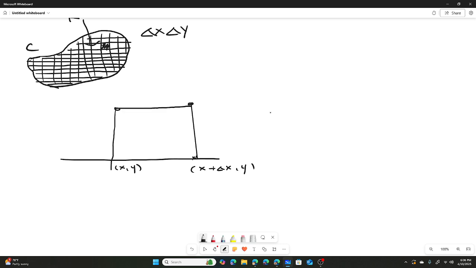Let's draw this rectangle. So the side here is going to be defined by delta x. This length is also going to be delta x. This is going to be delta y. This is also going to be delta y, right? Oh, by the way, this is going to be x plus delta x, y plus delta y. Okay, and then this point here is going to be defined by x plus delta x, y. Okay, and suppose that our C is going to be counterclockwise.